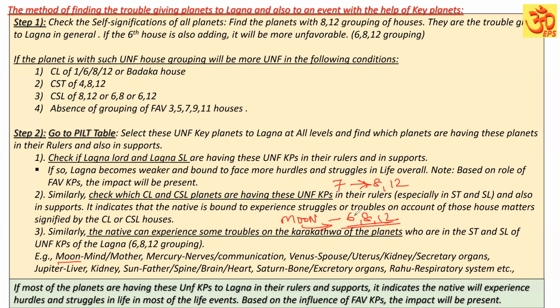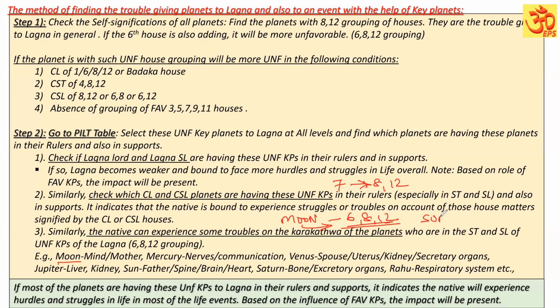So the mind will get disturbed. You understand? This Karagatva will get disturbances. Lagna will face disturbance through this Karagatva. Mother characters will get disturbance. This also can indicate the characteristics, compatibility or relationship with the mother, indicating some hurdles.